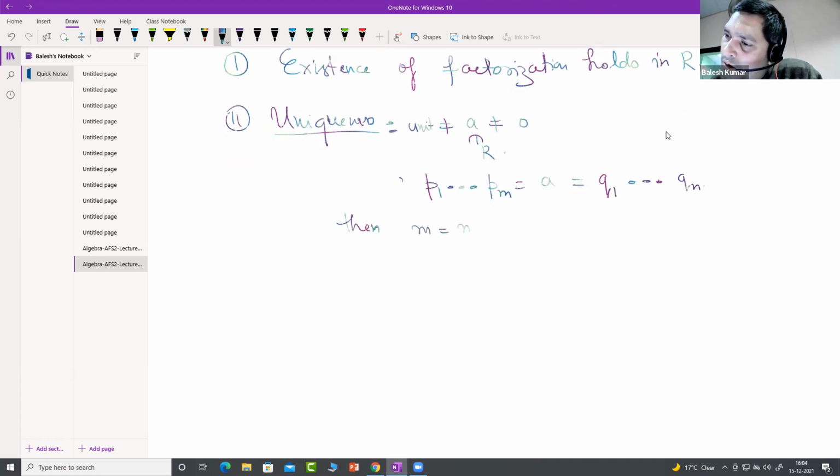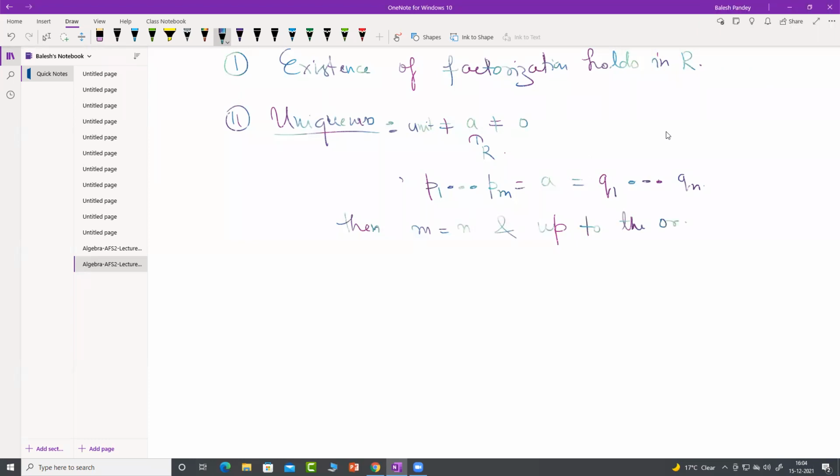So the number of irreducible factors in one factorization should be the same as in the second factorization, and up to the ordering of the terms.